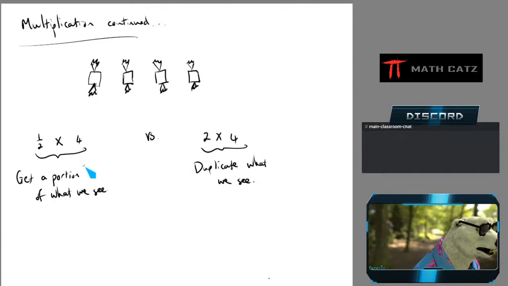So these two, even though they're both multiplication, intuitively, they are not the same. So as long as I'm aware of that, it's not that bad. So unfortunately, multiplication has this different kind of interpretation when I'm on the far left.